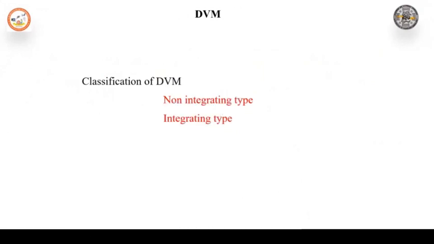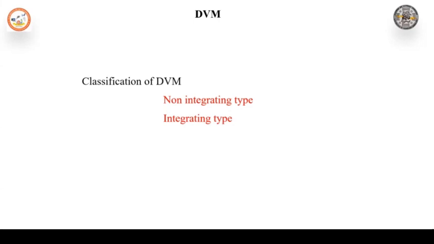So coming to the classification of digital voltmeters. The digital voltmeters are classified mainly based on the technique used for the analog to digital conversion. Depending on this, the digital voltmeters are mainly classified as non-integrating type and integrating type.